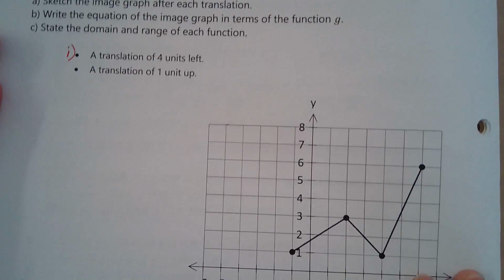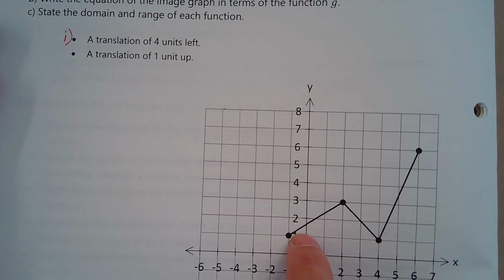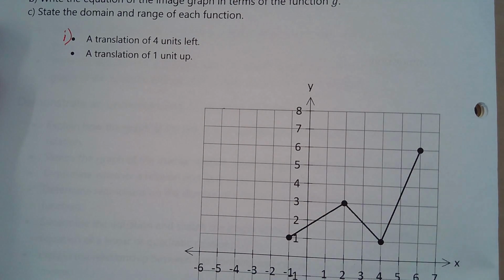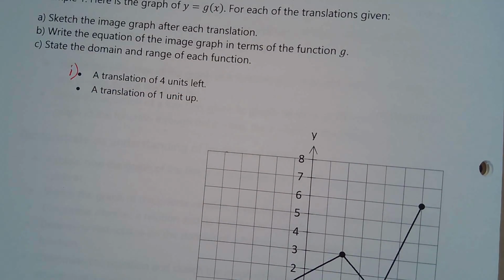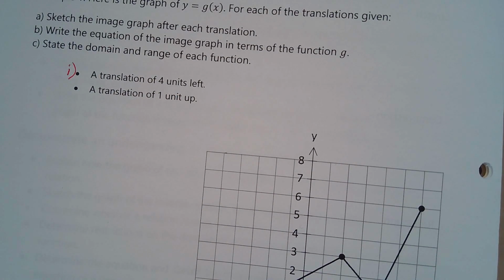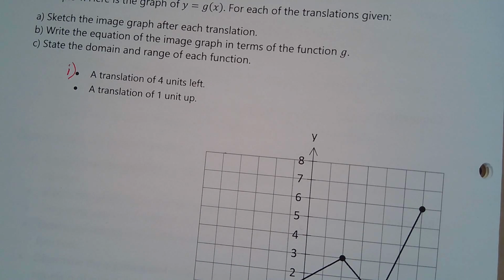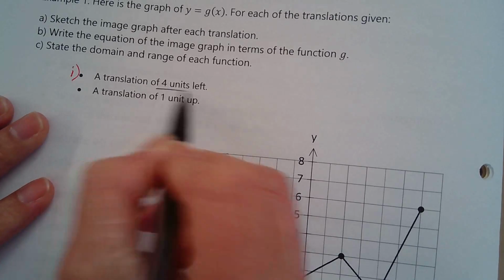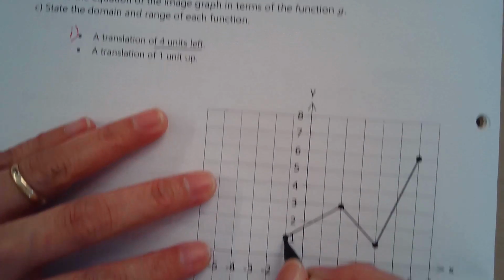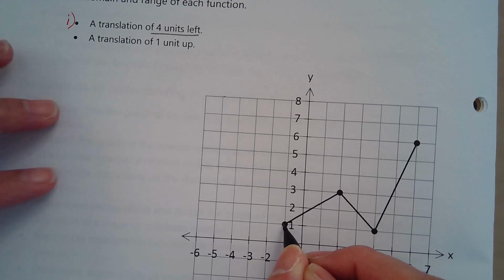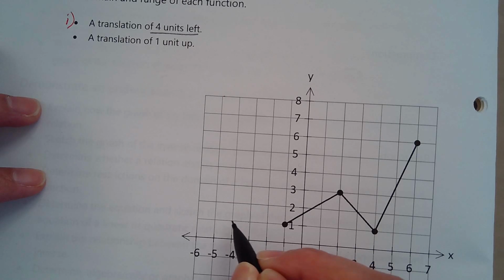Okay, so what we're going to do is take every point and translate it 4 units up. Where would it go? Oh, sorry, left. To the left. Turning it 4 units to the left. So every point has to be translated to the left. This point translated to the left: 1, 2, 3, 4.